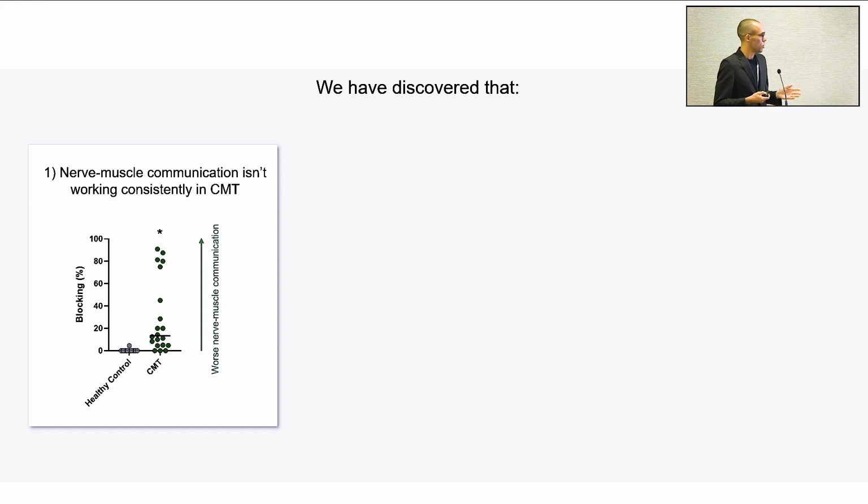And what we saw was a very pronounced impairment in the ability to transmit signals from the nerve to the muscle, regardless of the type of CMT, essentially. So, as you see in the figure here, the higher up you are on the graph, on the y-axis, the more impairment you have in the ability to transmit signals.